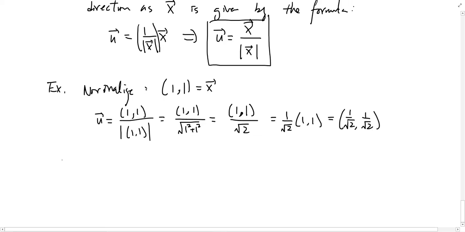I'll give you another problem. This one I'm not going to do, but I'm going to ask you to try it, and I'm going to write out the answer for you. The vector is 1, 0, negative 3, 2. Normalize it. If you want to pause the video, you should, so that you can see the answer afterwards.